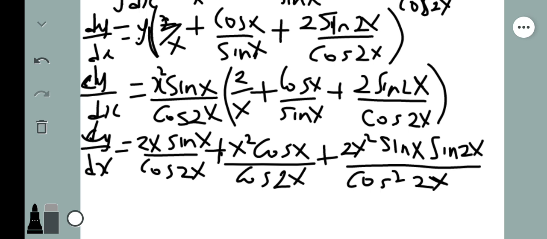So this is the answer for that problem, and this is how you solve that kind of problem.